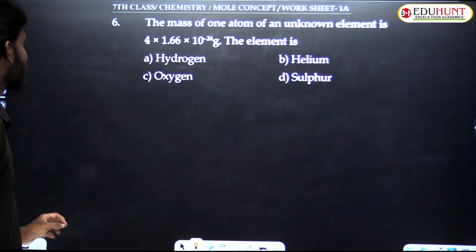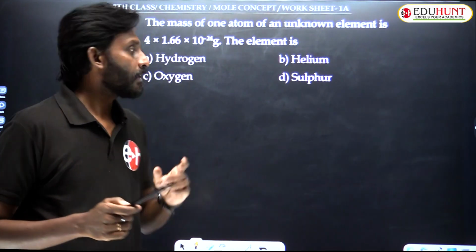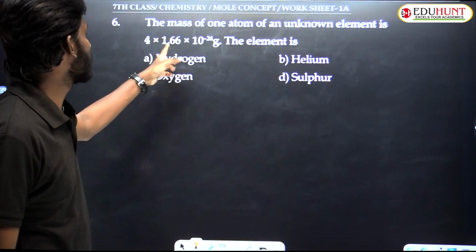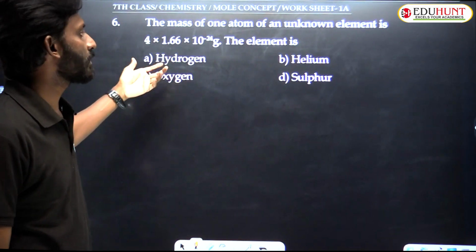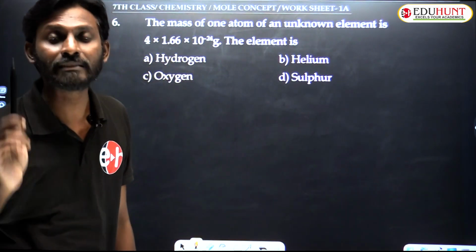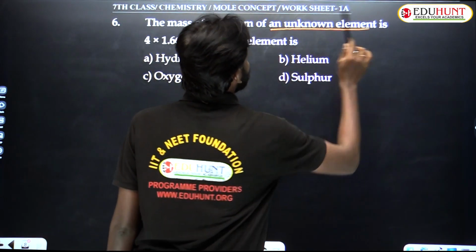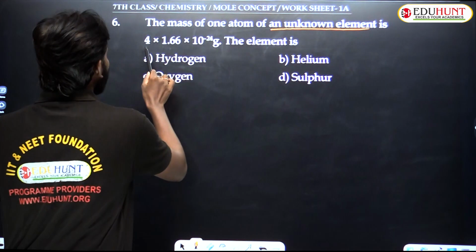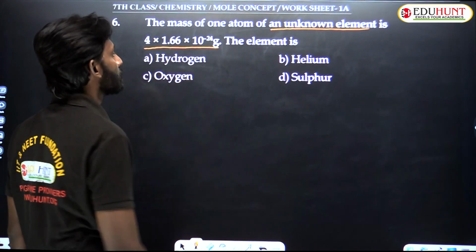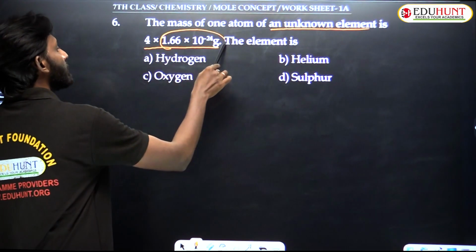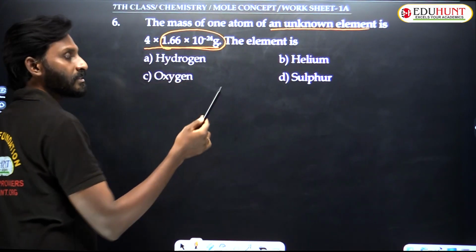Next, question number 6. The mass of one atom of an unknown element is 4 into 1.66 into 10 power minus 24. See, the question is talking about the mass of an unknown element. You know very well this 1.66 into 10 power minus 24 grams is 1 AMU.